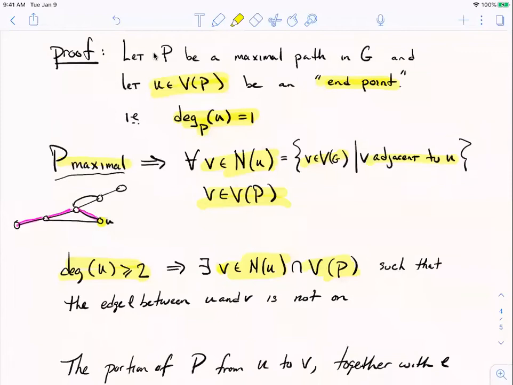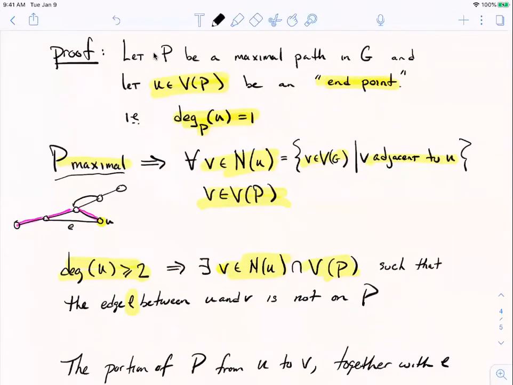But moreover, the edge E, that messy handwriting says, the edge E between U and that vertex, I'm going to just kind of label it here in my schematic picture. That edge is not on P. The edge can't be on the path P because that vertex V is on the path P, right?